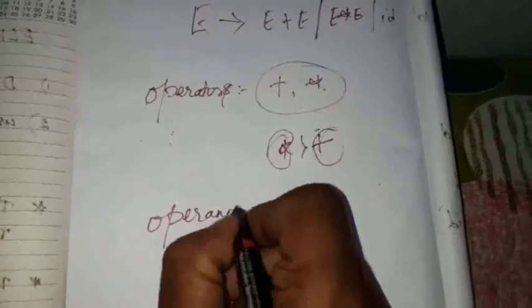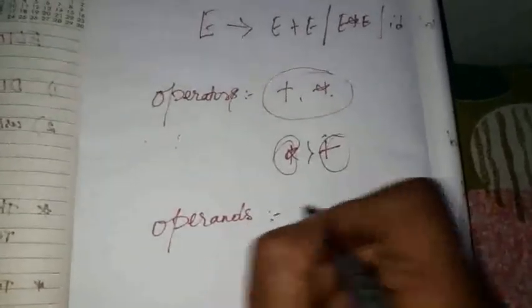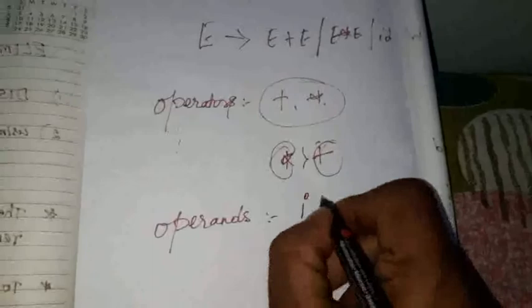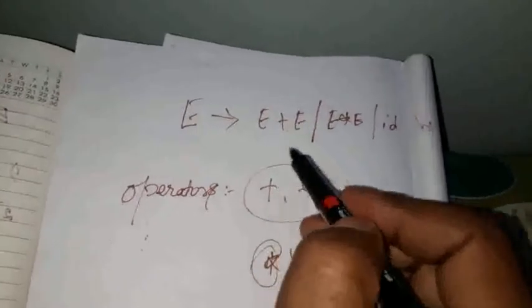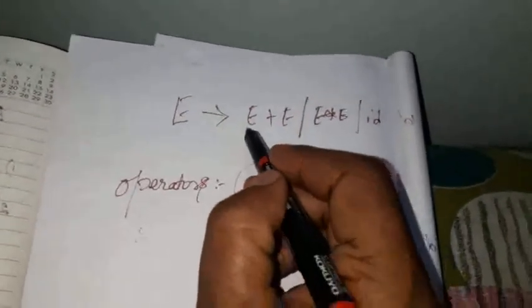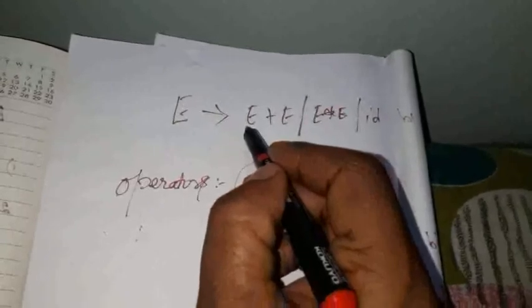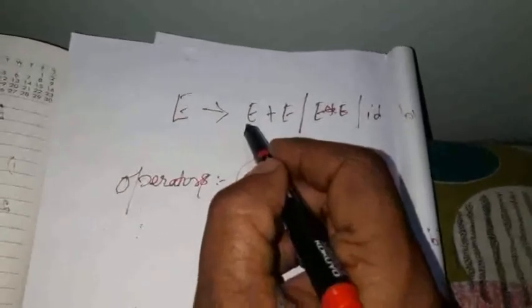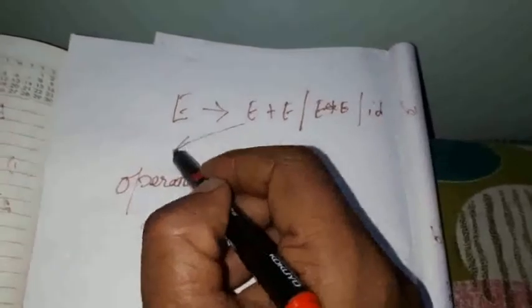And the second one is we have operands. What are the operands? Here we have id as the operand. So the grammar of this kind can be written as... see, there was ambiguity in this grammar because this grammar could generate a set of strings by using left recursion as well as right recursion.